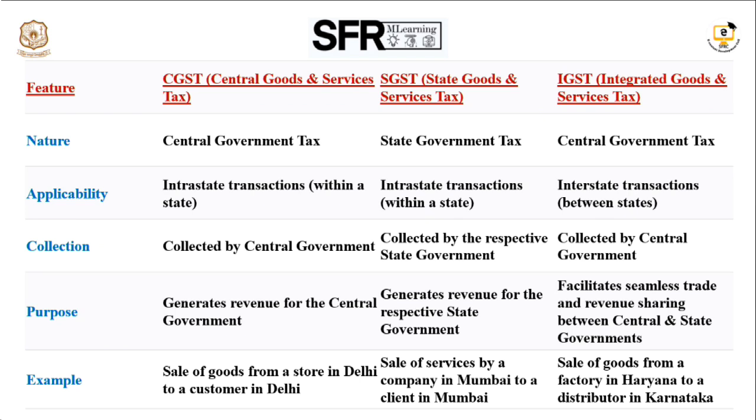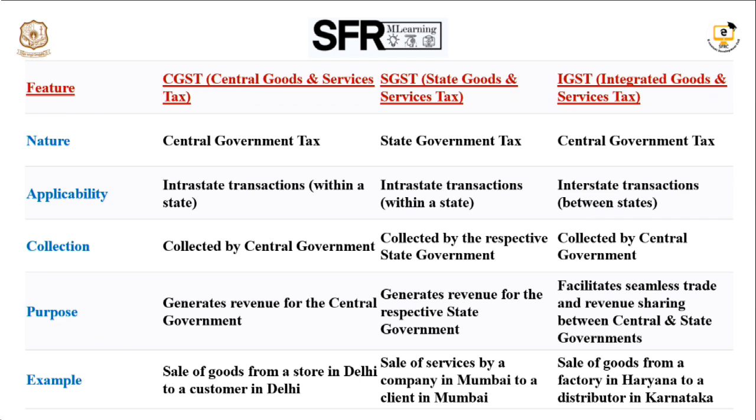When you come to SGST, there will again be intra-state transactions between the buyer and seller, and when you come to IGST, there will be transactions between two states, that is interstate transactions.